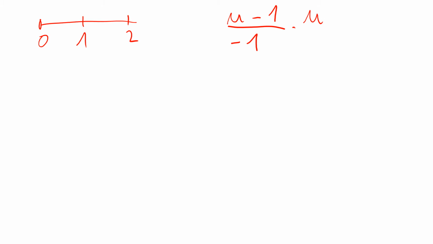Again, we have said that we have 0, 1, 2 for our u values, and we already know the first term, which is u minus 1, and here we have 0 minus 1, which is minus 1, and here we have times u minus 2 divided by minus 2.